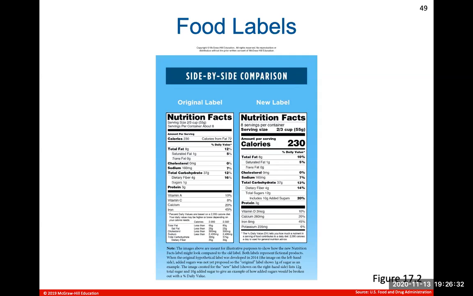So it's just a lot easier to see. Today this new label was developed in 2014 to kind of highlight how the calories are a little more in bold, as well as the serving size. So you can kind of see a couple of differences there between the original label and the new label.